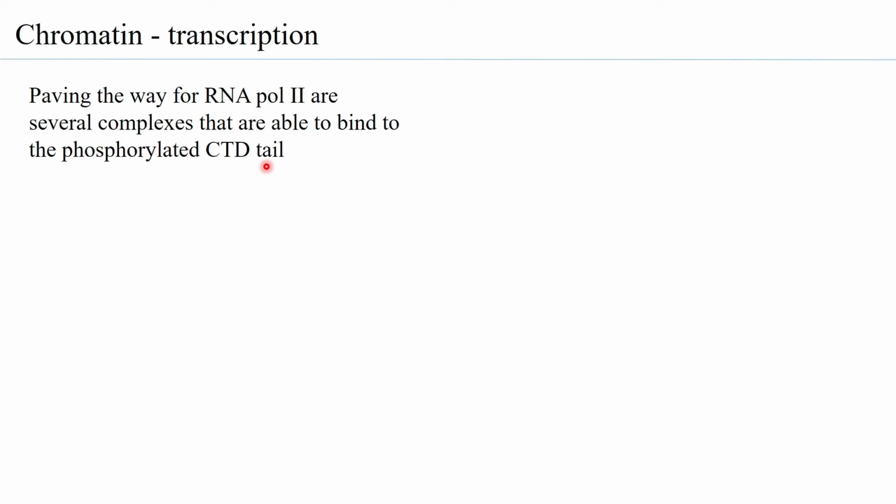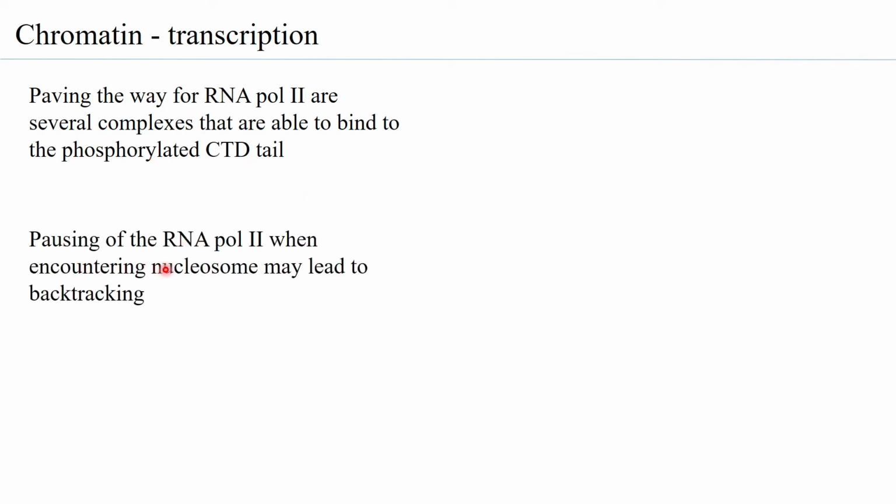Whether it is a histone chaperone, a chromatin remodeler, or a histone acetyltransferase, they all come and bind to the phosphorylated CTD tail of RNA polymerase II. This is another example of why phosphorylation of the CTD tail in the eukaryotic system is important.